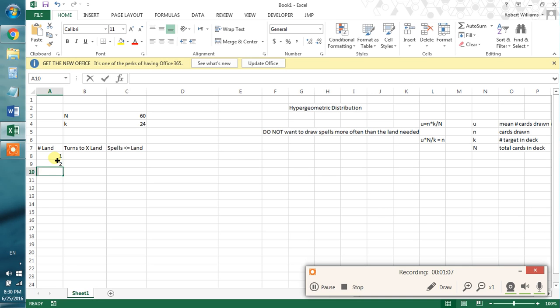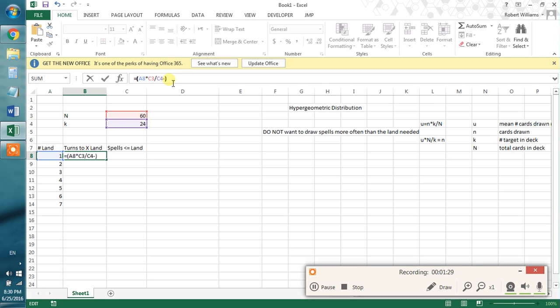So if we do number of land, and I'll go up to as high as 7, turns to X land is going to be this times 60 divided by 24, which gives us the number of cards we need. We could leave it that way, cards to X land, but I like to put it in terms of turns. It's just me.